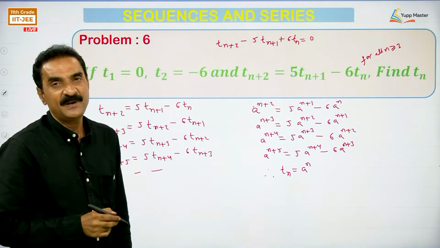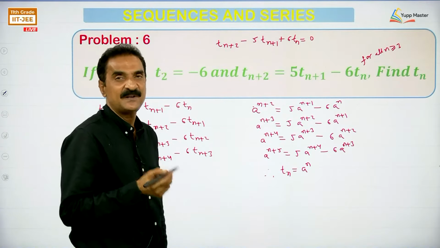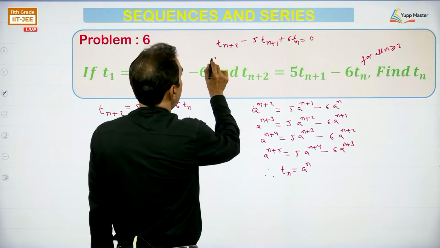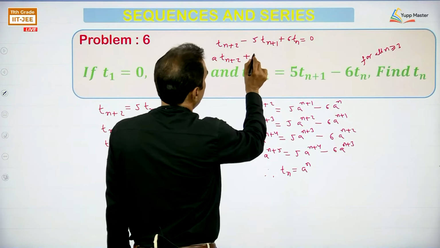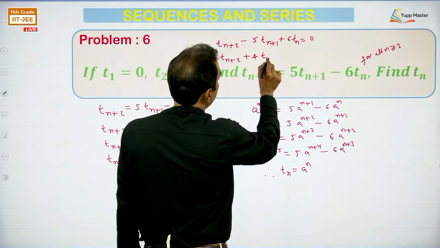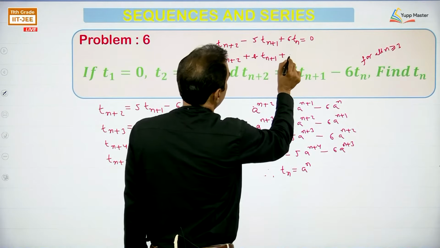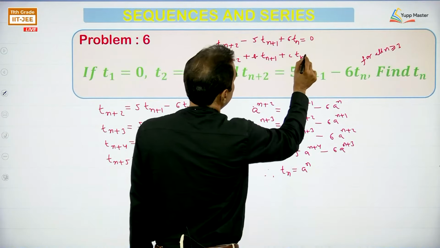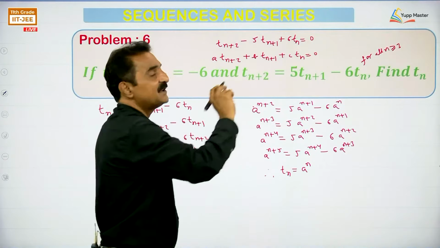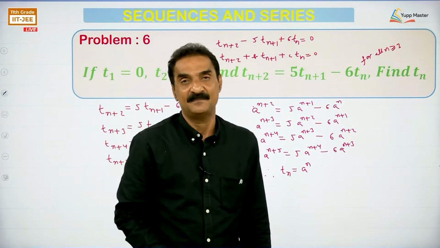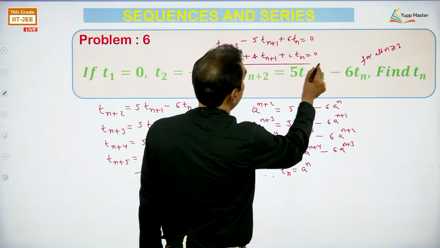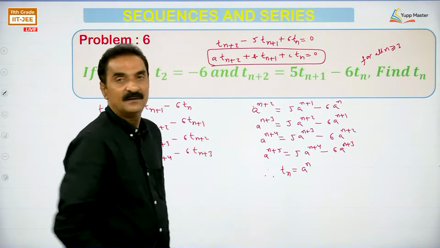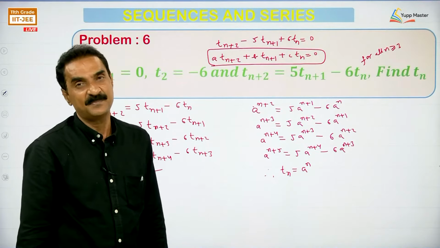If the relation between Tn plus 2, Tn plus 1, Tn is in the form of a into Tn plus 2 plus some constant b into Tn plus 1 plus another constant c into Tn is equal to 0, where a, b, c are constants independent of n, then this is called a linear relation between Tn, Tn plus 1 and Tn plus 2.